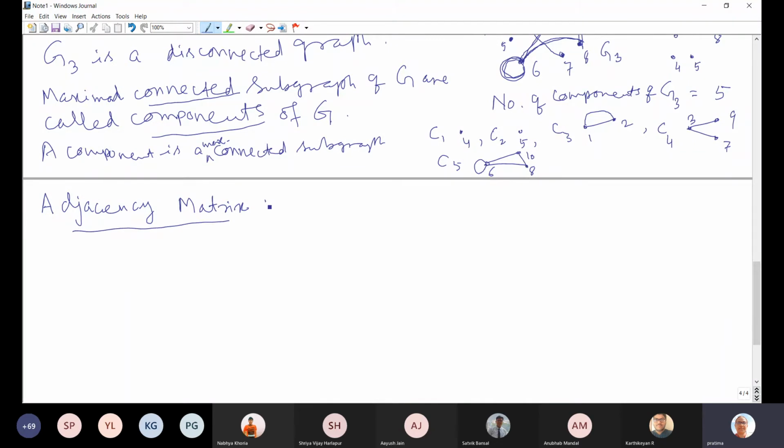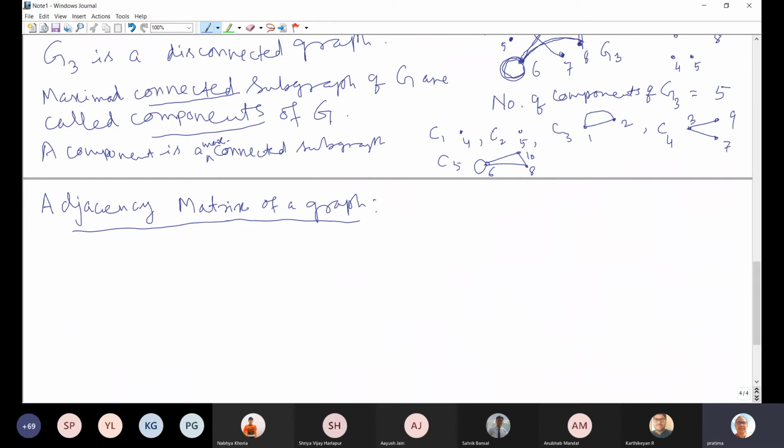If a graph has n vertices, then its adjacency matrix will be a square matrix of order n by n.